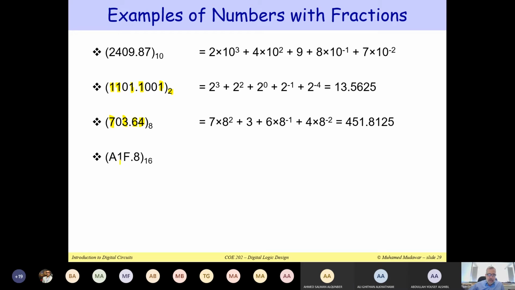Now this one is multiplied by 16 to the power 1, so 16. And this F is just 15. Now this 8 is 8 over 16, which is just half. So if you do the math, you get 2,591.5. That's the decimal value of this hexadecimal number.